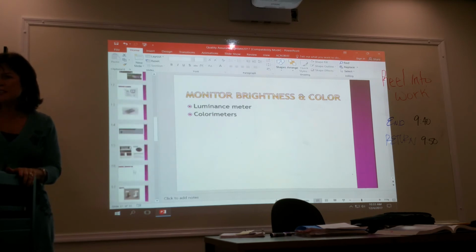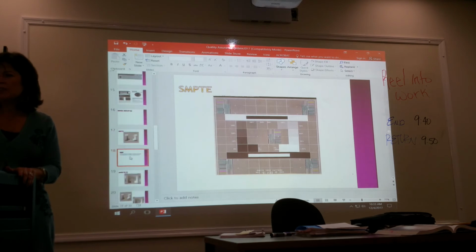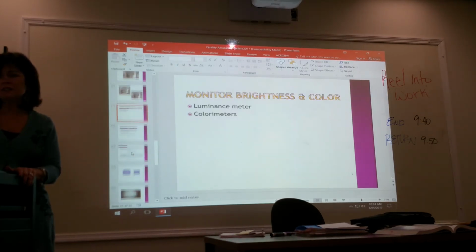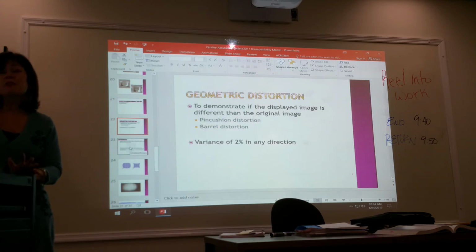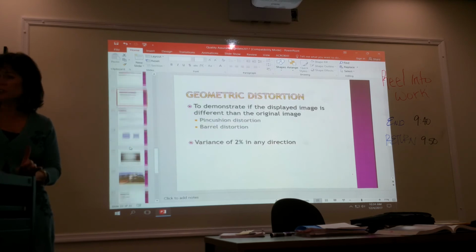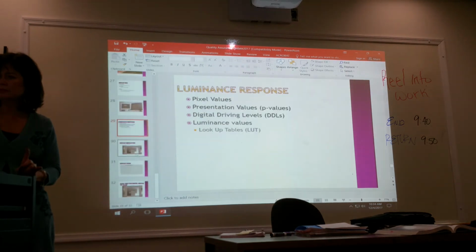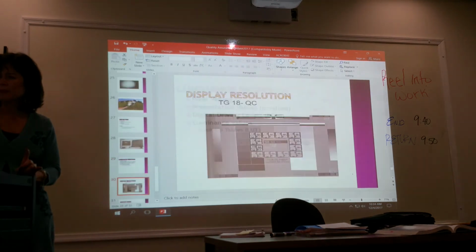So what are we testing for when we look at the monitor? We're looking for brightness, luminescence. We're looking for geometric distortion. And resolution.